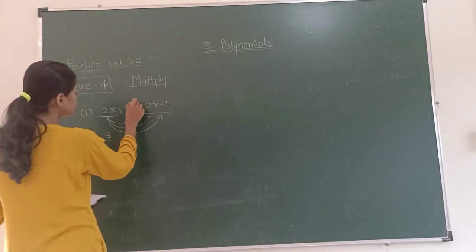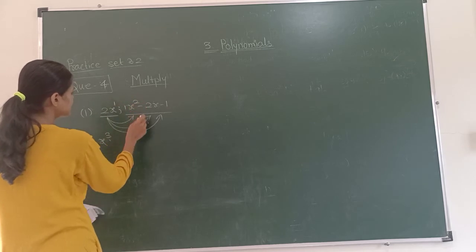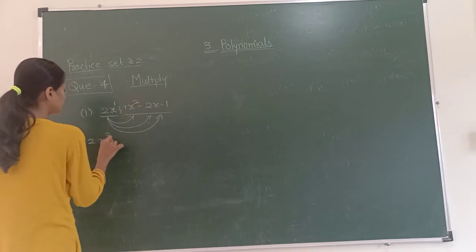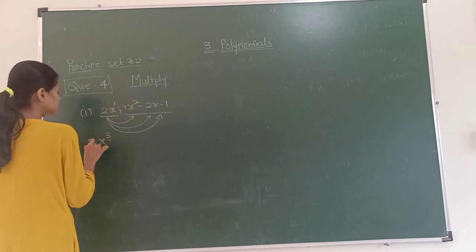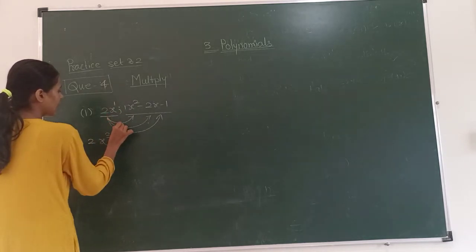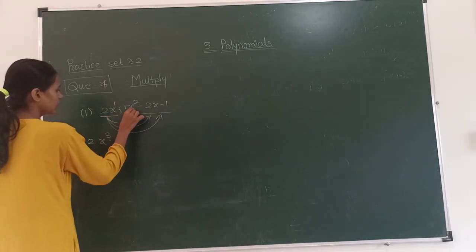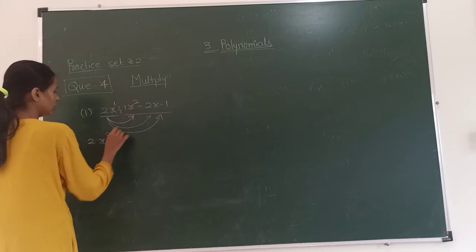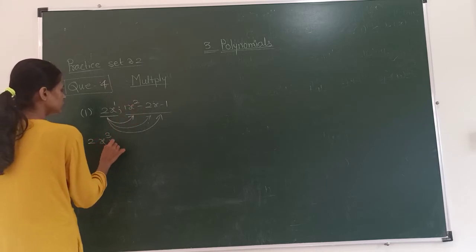We are using the rules of indices. This is 1x and this is 2, so 2 plus 1 is 3 and 2 into 1 is 2. So if we multiply the first polynomial by the first term in the second polynomial, the answer will be 2x raised to 3.